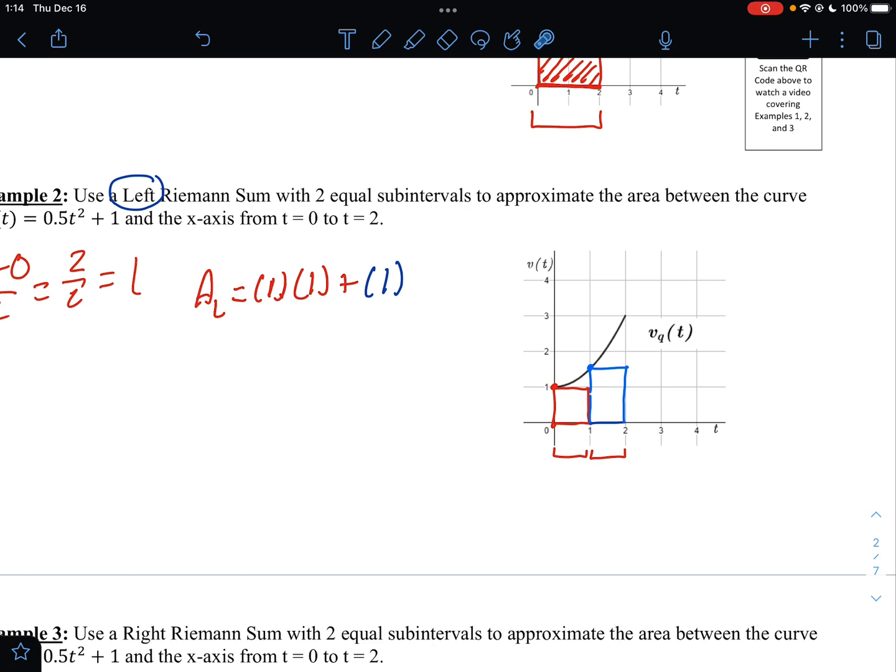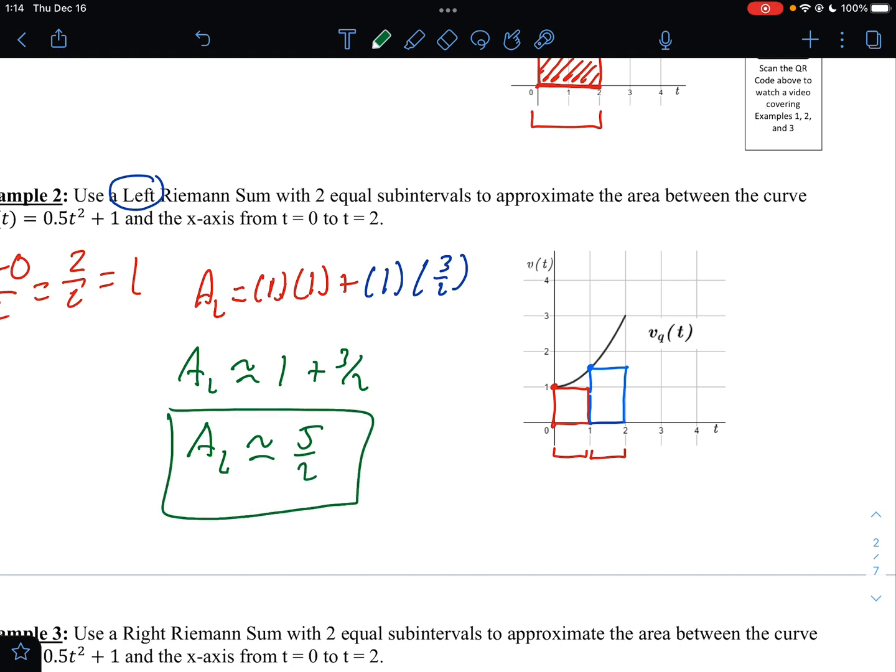So 0.5 plus 1, or 3/2. So our approximation here is going to be 1 plus 3/2, or 5/2, or 2.5.